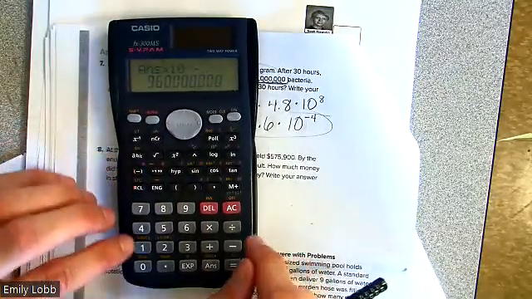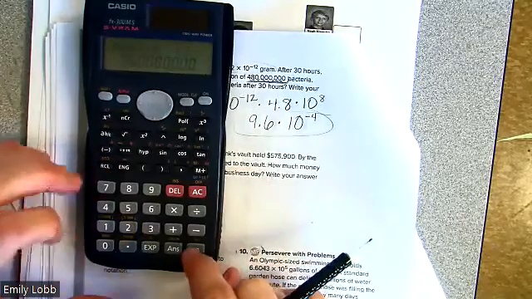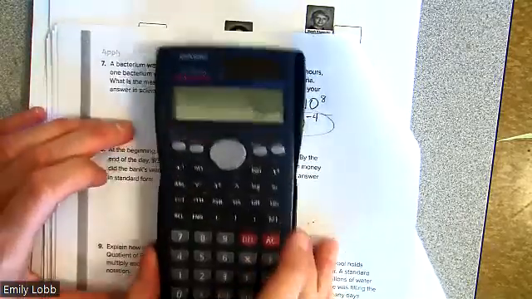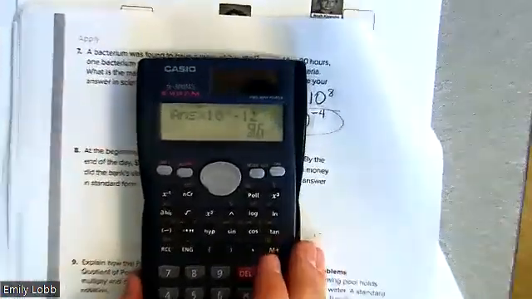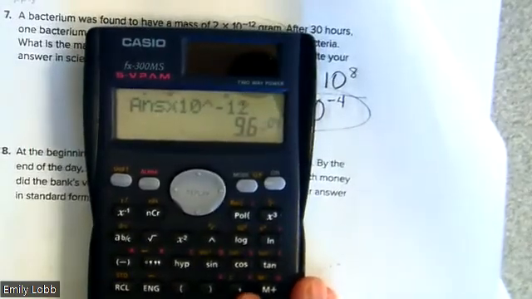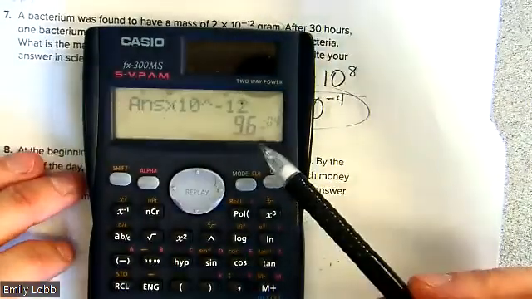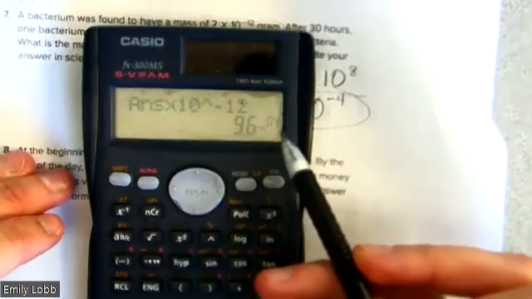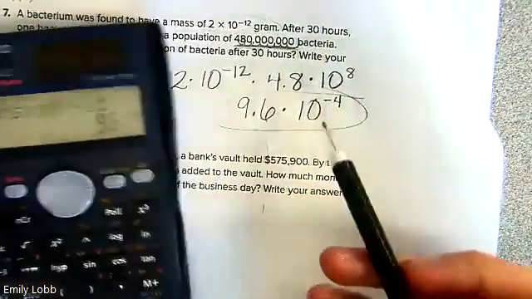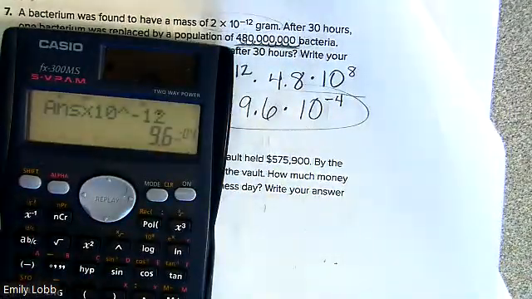Here, this negative sign, negative 12. And it gives you here, remember, this is why we learned how to read it from a calculator. It gives you 9.6 times 10 to the negative 4. It gives it to you in scientific notation. Okay. All right, move on through there, 8 through 12, keep working.